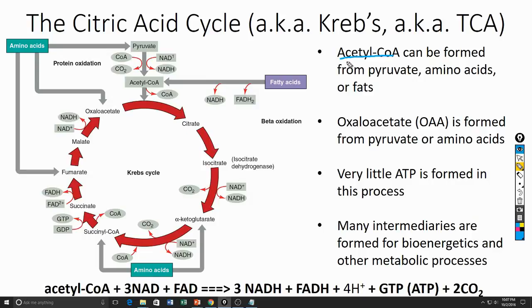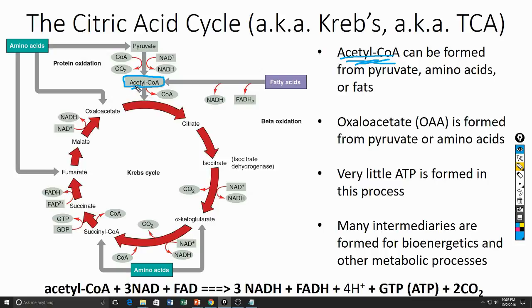Acetyl-CoA is something you're going to have to get used to hearing about. Acetyl-CoA is the main thing coming into this. If glucose was the substrate for glycolysis, acetyl-CoA is the substrate for the TCA cycle. And it can be formed by a number of things. Like I said, pyruvate can form it. We can get it from fatty acids and from amino acids.